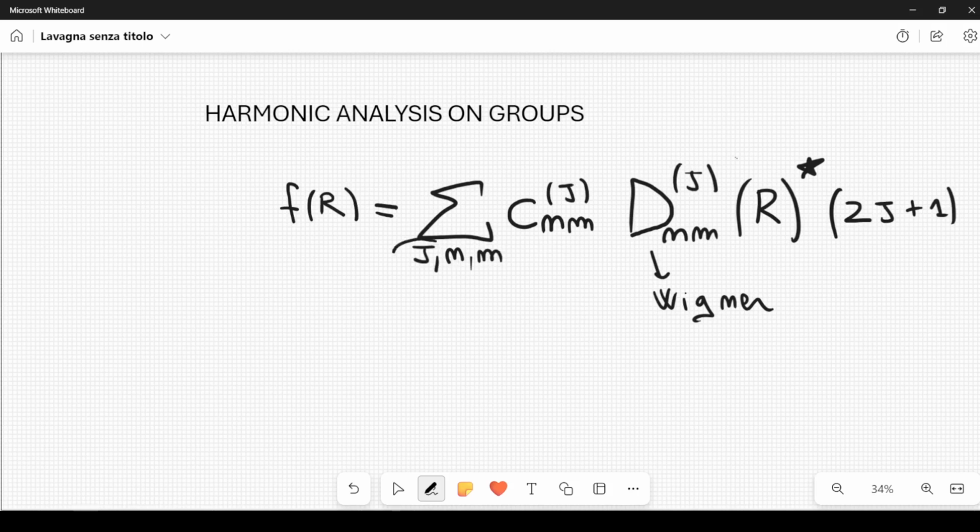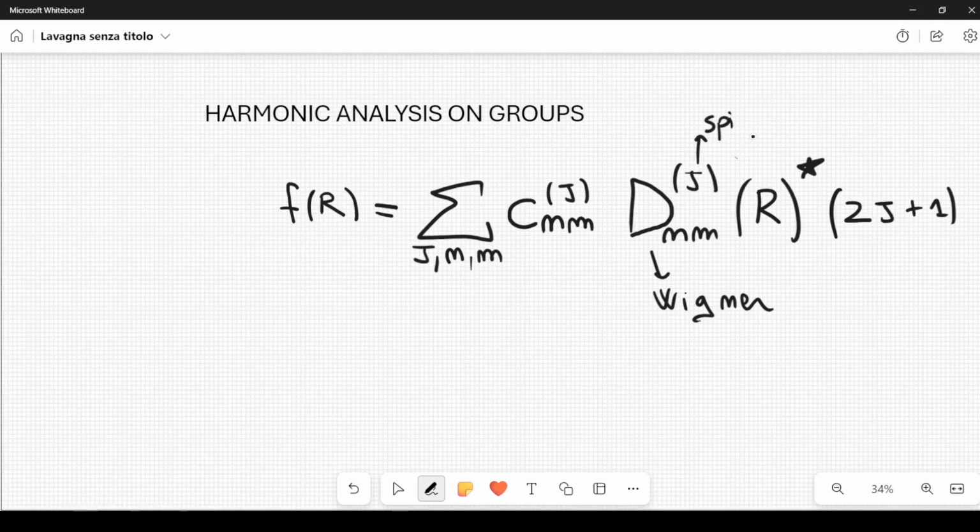And then why are we summing over j, over n and over m? Well, because these are matrices, we can think of n and m as the matrix indices. So this might be the row index and this might be the column index. And then we also have another index j, which is related to the spin of the representation.